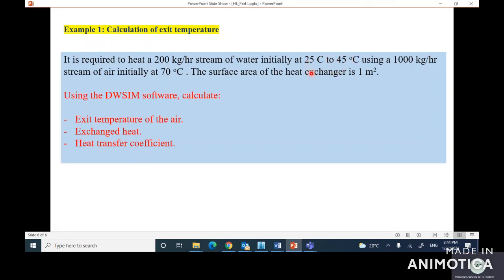We are heating it up from 25 to 45. 1000 kilograms is the mass flow rate for the hot fluid, air initially at 70 C. So this is the inlet temperature for the hot fluid, 70 C. I was given the surface area for the heat exchanger at 1 square meter. So what do we need to calculate in this case? We need to calculate the exit temperature for the air, which is the hot fluid. We need to calculate the exchanged area, Q, as well as the heat transfer coefficient, U.